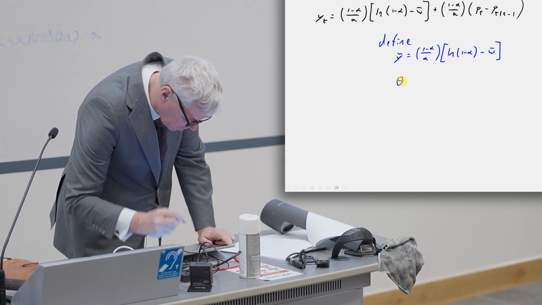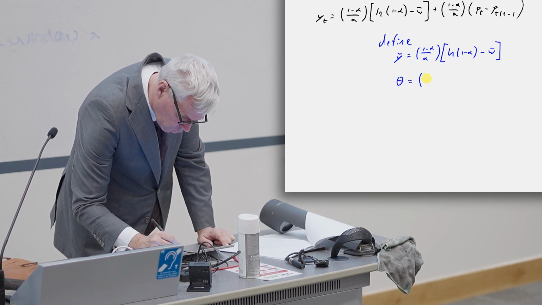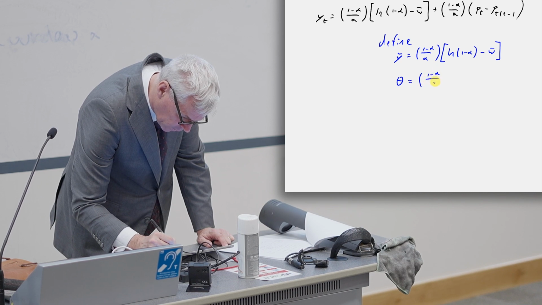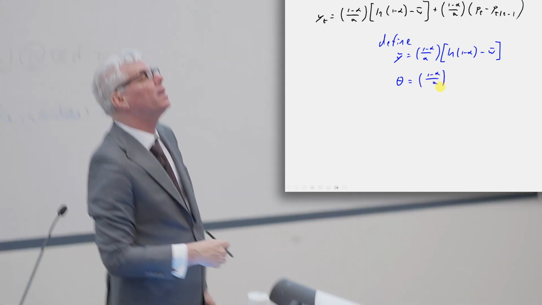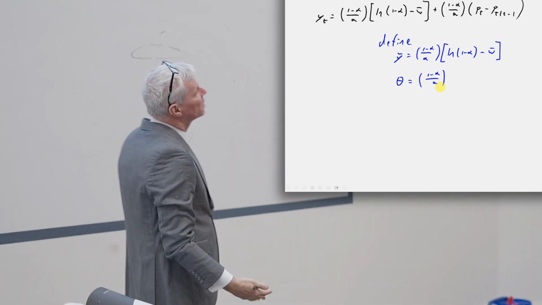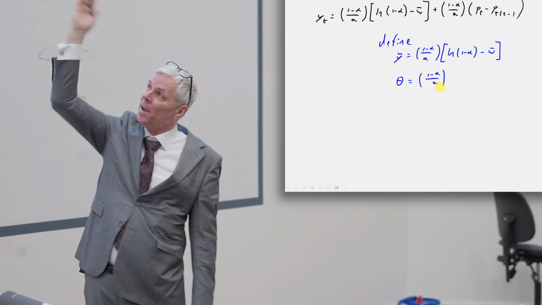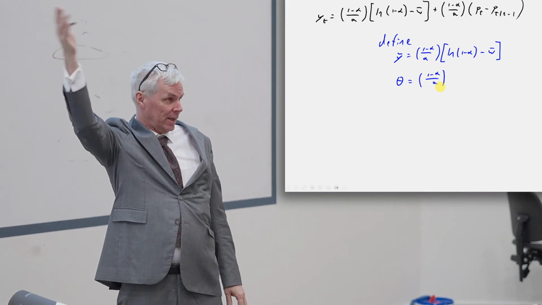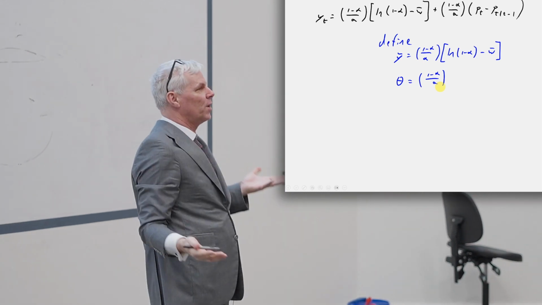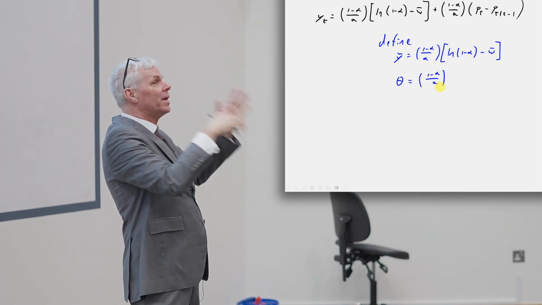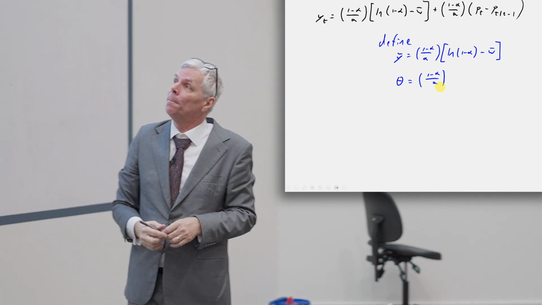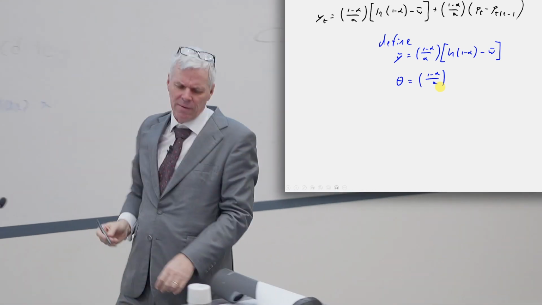Theta, Greek letter, equal to (1 minus alpha) over alpha. I'm doing this just because this is a whole messy thing to carry around, right? We're going to have all this stuff floating around. Why not just give them one letter? We can carry the one letter around. And so I rewrite this.